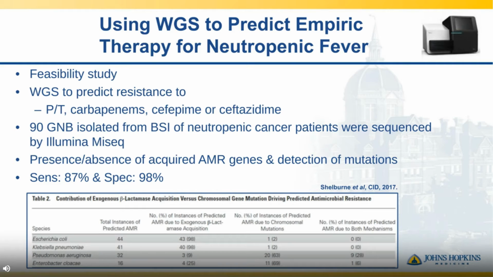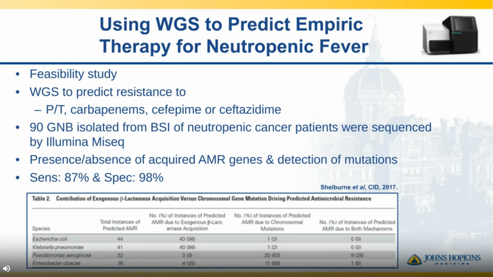And so they used whole genome sequencing of 90 gram-negative bacilli, including Enterobacterales as well as Pseudomonas, to predict the phenotype for piperacillin and tazobactam, the carbapenems, cefepime, and ceftazidime. They took these isolates from bloodstream infections of neutropenic cancer patients.